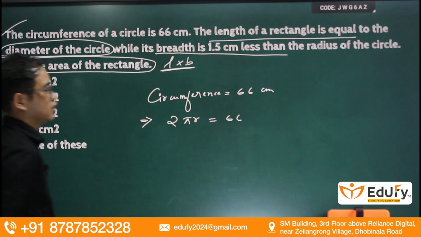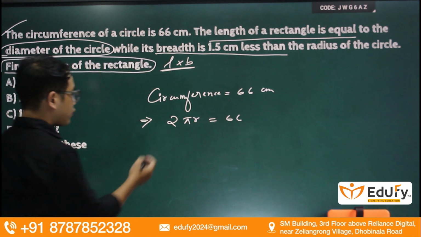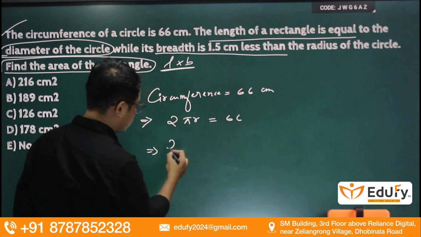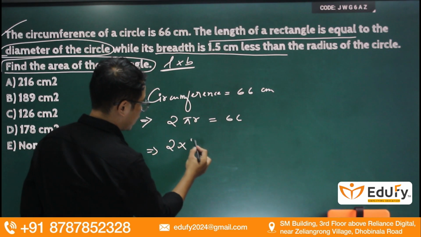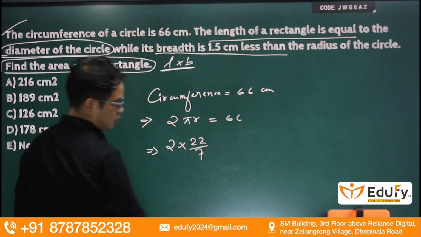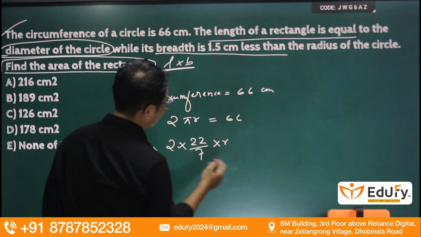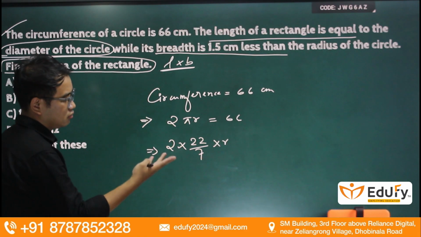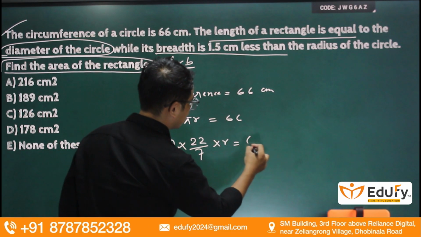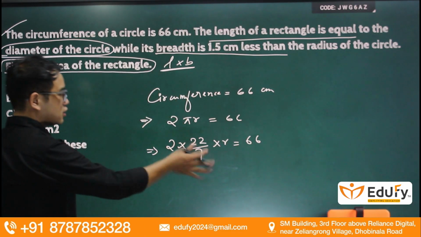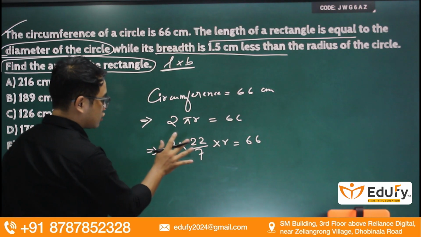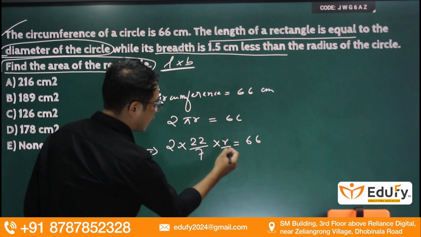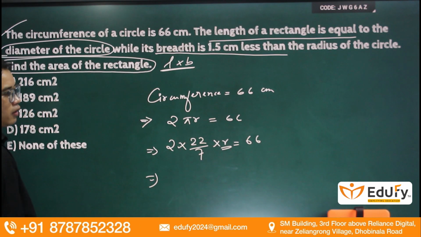So we can write it like this. Now, I can take the value of pi as 22 by 7, into r. I can keep it as pi also and solve it, but let me open it up since I want to take an accurate value. After this, I can start shifting all these numbers to this side and keep the r here. That way, I will be able to find out my radius.